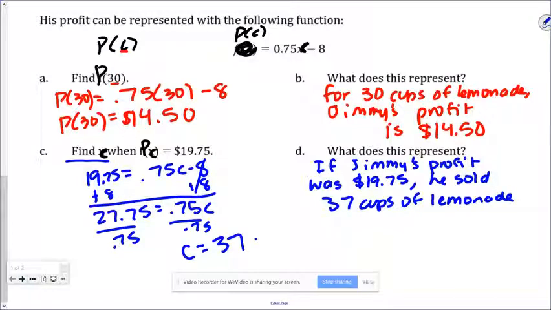All right, so I'm going to label my answer cups of lemonade. All right, so this is our first time at word problems when they give you your equation. So that's all we're going to do for today.